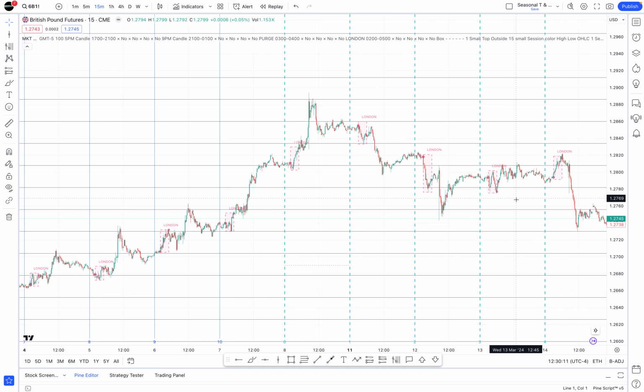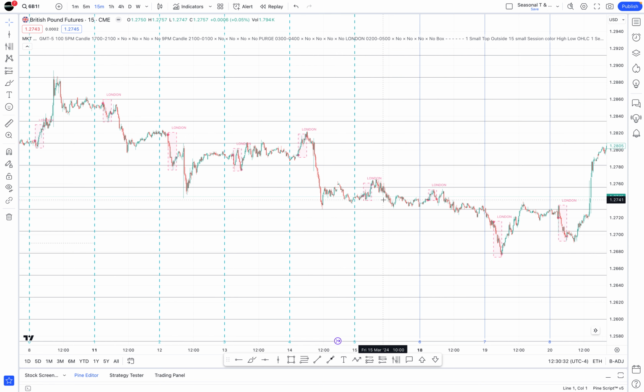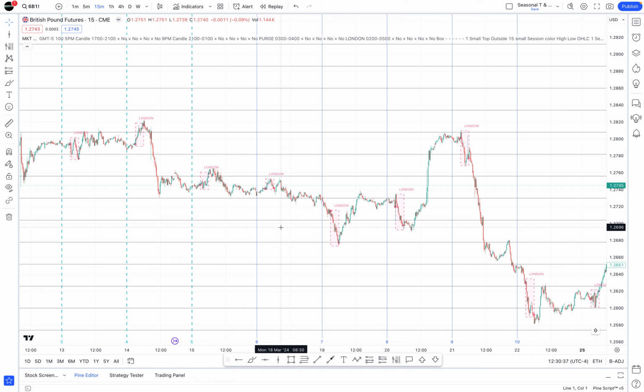Hits that one in London, pushes through. Hits this top in London, massive push down.